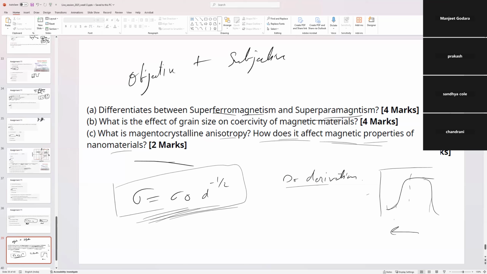Another was the expression for vacancy concentration of a nanomaterial with particle size. You know this derivation was done in the class, in the first few classes. So remember these derivations.